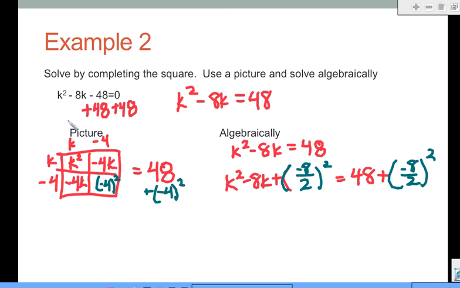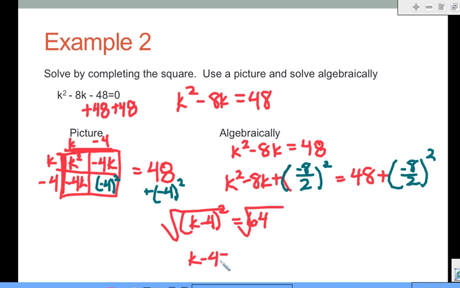Now it's factored into k minus 4 squared, because our length and our width are the same thing, and this equals 64. Now we can square root each side. So k minus 4 equals 8 and k minus 4 equals negative 8. So we have k equals 12 and k equals negative 4.